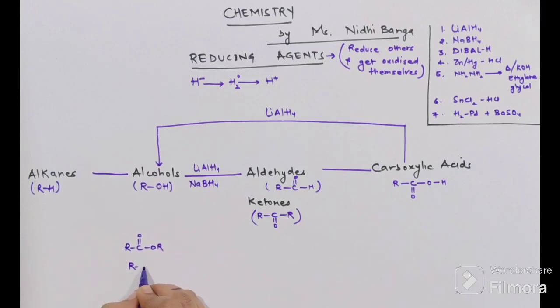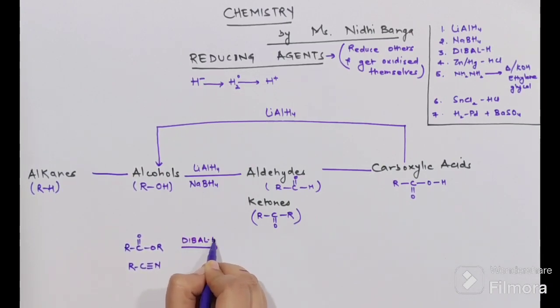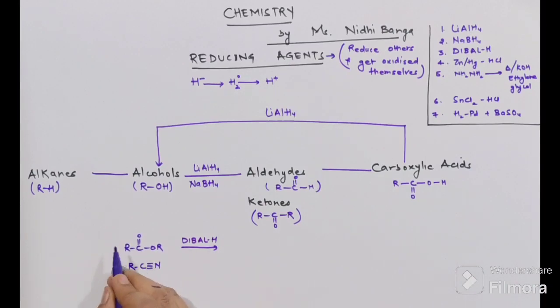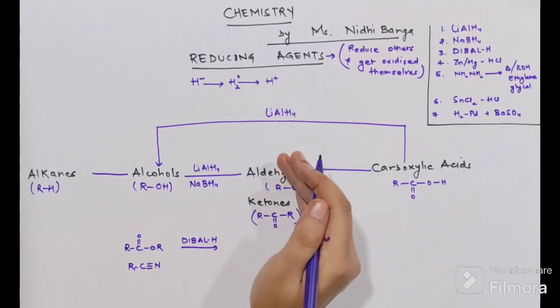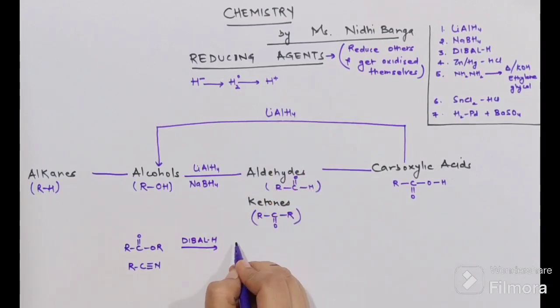Another compound which is also very oxidized is cyanide. Cyanides, or nitriles, also are very oxidized because here carbon is triply bonded to nitrogen. In both these cases, DiBAL-H will reduce them by one step only, to one more reduced step, like till aldehyde or ketones only.